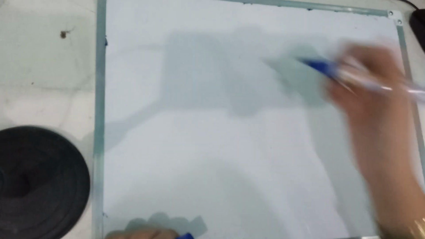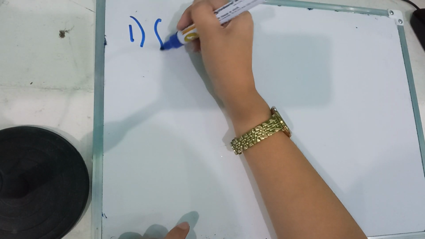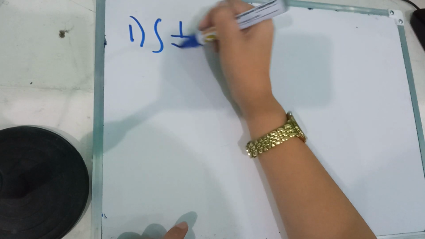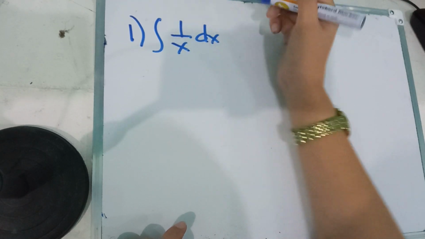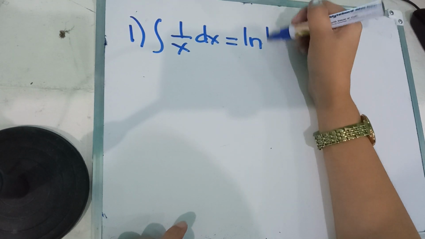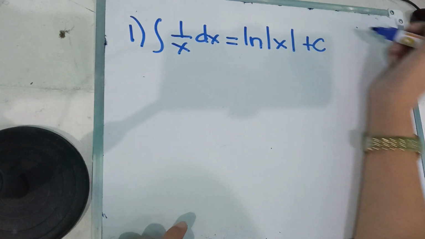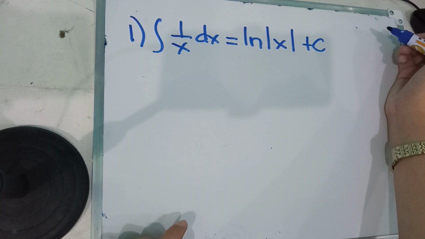So, given the integral of 1 over x dx, that will simply be the natural logarithm of the absolute value of x plus c. Okay?